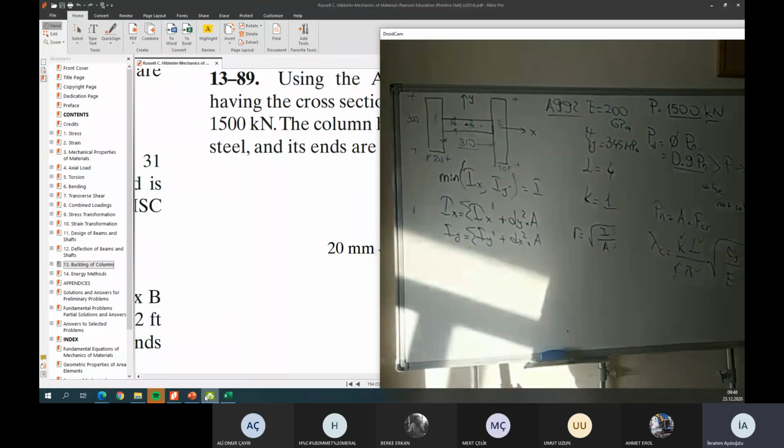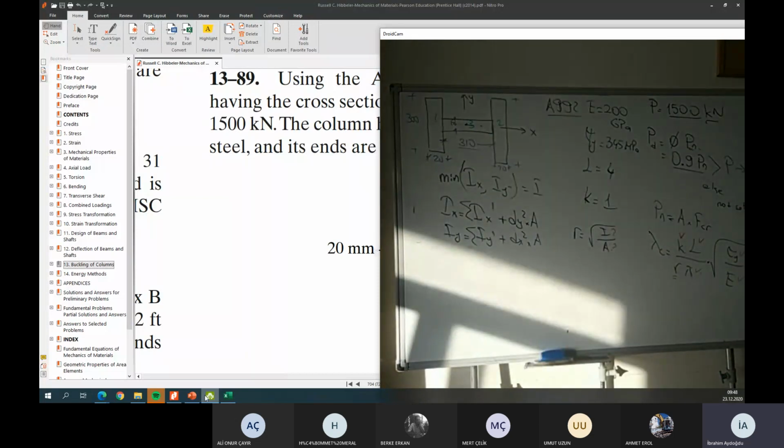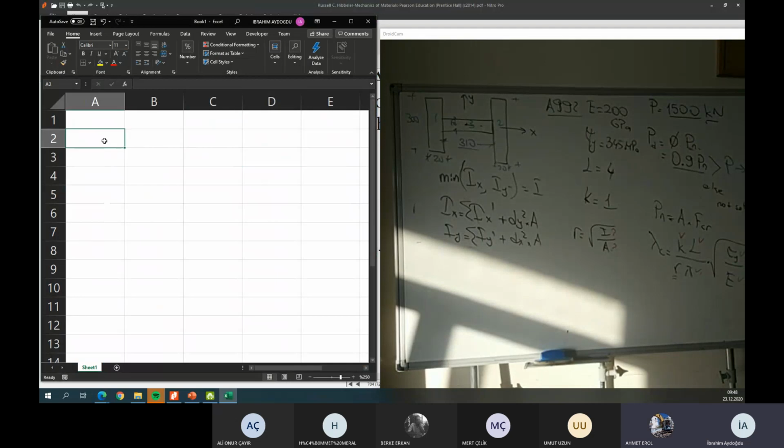Okay. So I want to write these values in Excel. This is the first piece. Second piece. And third piece.